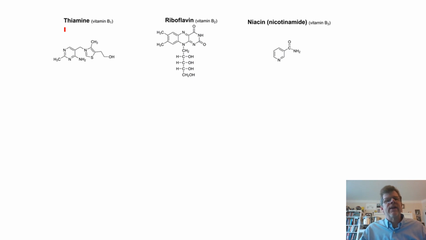So here we are. Here's thiamine, riboflavin, and niacin. Niacin, also known as nicotine amide, because it's based on the structure of nicotine. And here they are. So this is vitamin B1, vitamin B2, vitamin B3 in our vitamin pill. If we take a vitamin pill in the morning or something, so we intake that into our diet, and the body utilizes these structures, but they add onto it to become the actual cofactors.